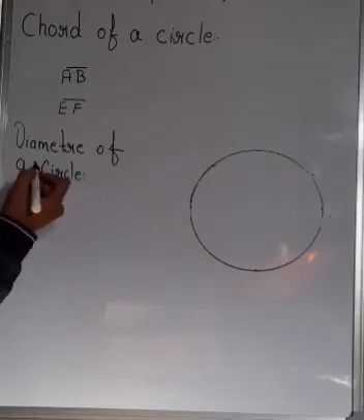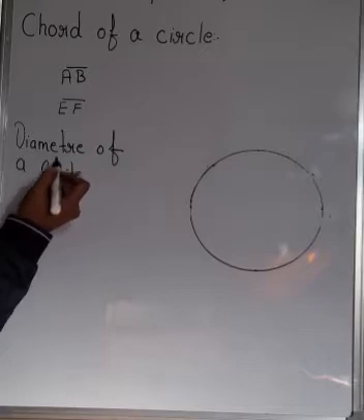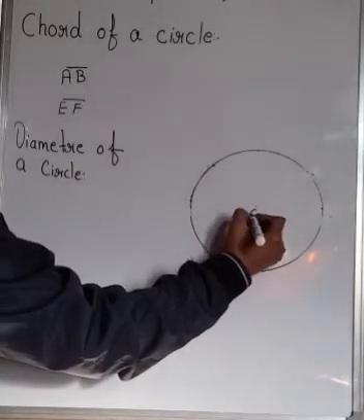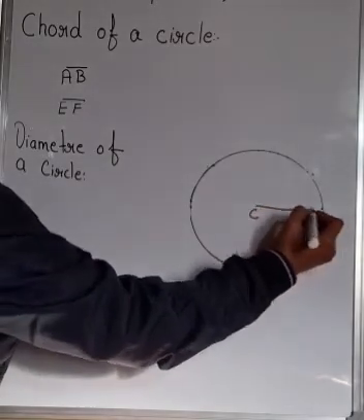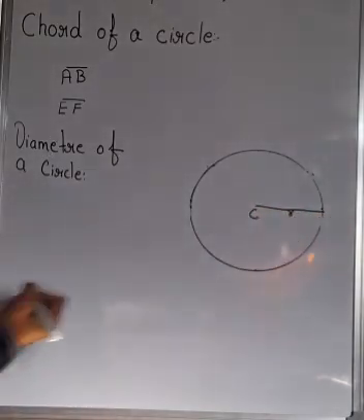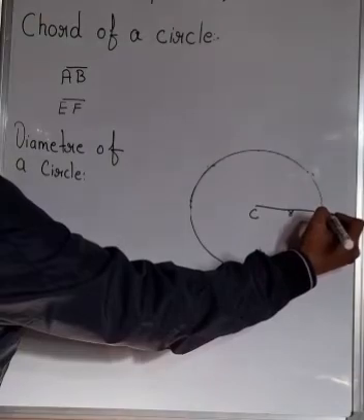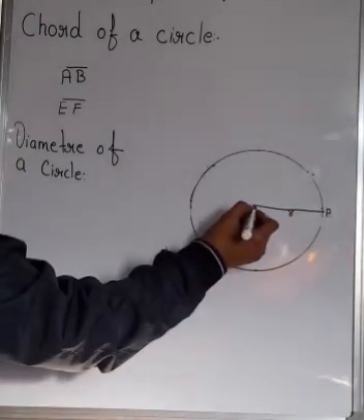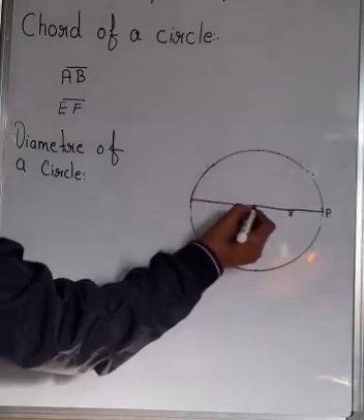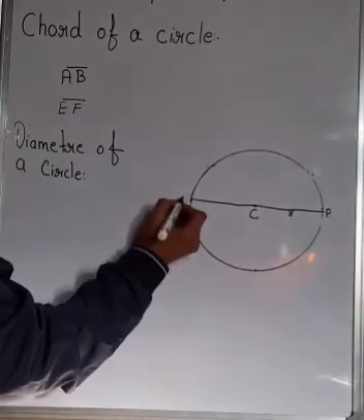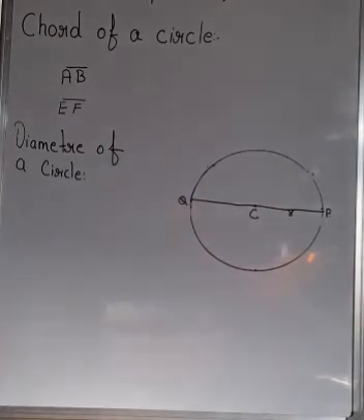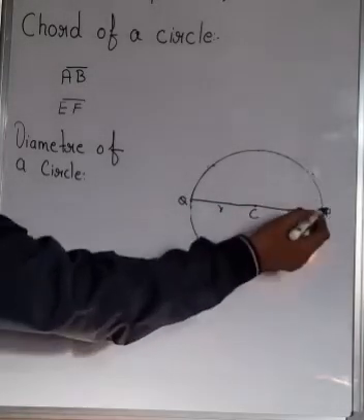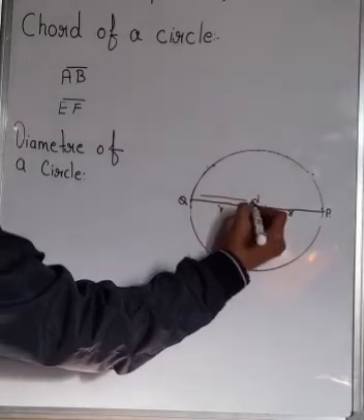Now next we are having a relationship between the diameter of a circle and the radius of a circle. If this is your center and this I consider as your radius R, it is at a constant distance from center to any point P. And if I draw it like this also, this is also a radius from point C to point Q. This is also a radius, and you can see that QP is a diameter from here to here.